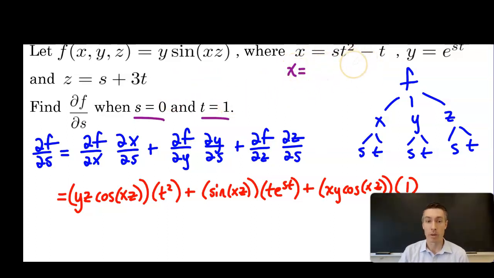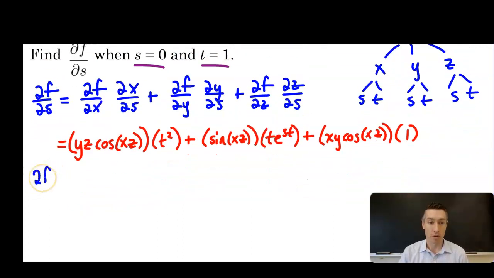So x would be 0 minus 1, so x is negative 1. y would be e to the 0, which is 1. And z over here would be 0 plus 3, which is 3. So just being given s and t is enough to find your x, your y, and your z. And now we can substitute all of those values in.